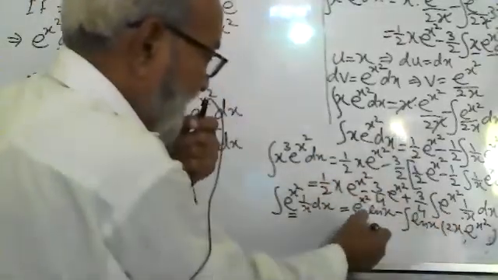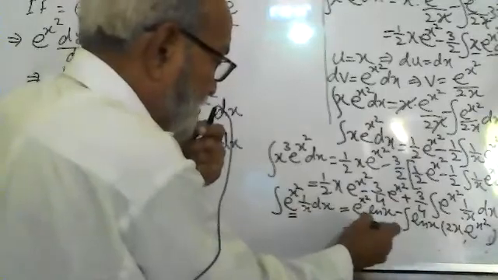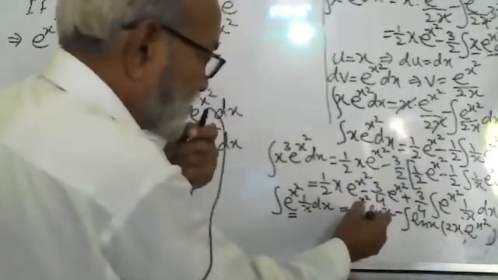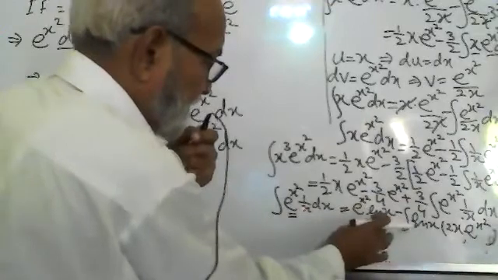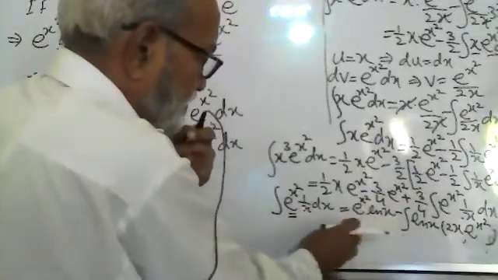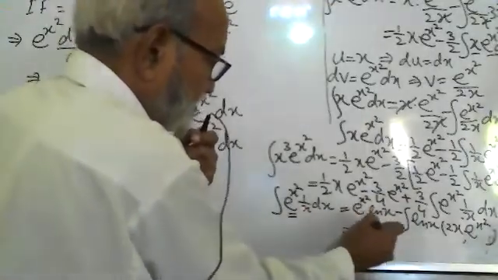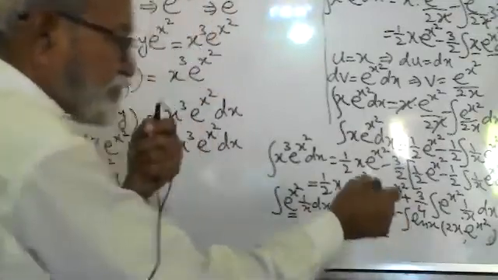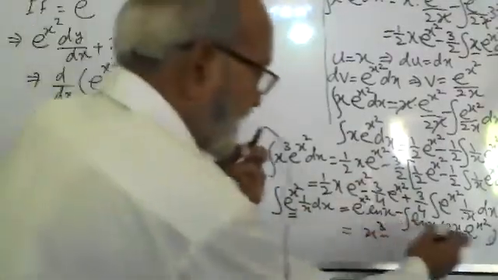ln और e cancel हो जाएंगे. It will become e raised to power x square. Here also ln and e cancel. So x cube minus, here ln and e cancel.